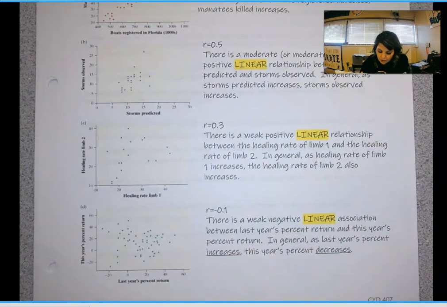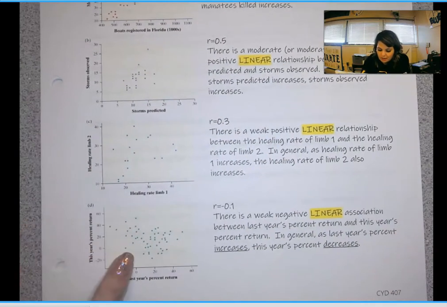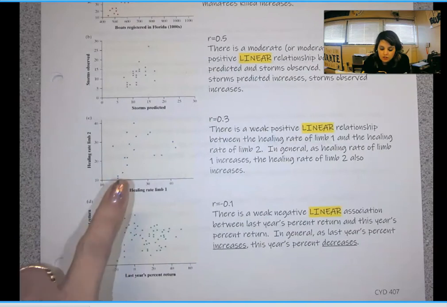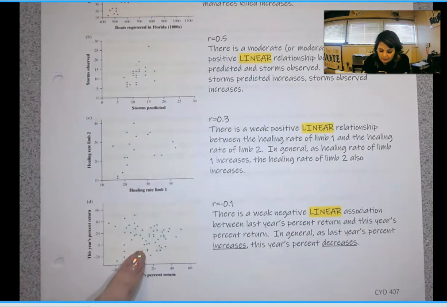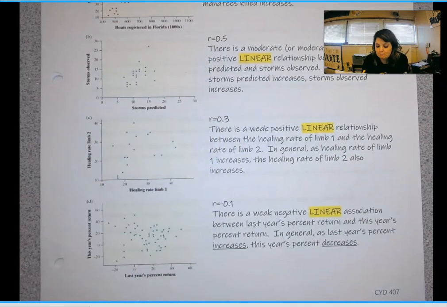And then the last one they have at 0.1. To me, these are the same strength, just because this one has more points. For me, they have similar shapes, a similar oval shape, so I think that I would have put that one at positive 0.1. But either way, it would still be described as weak.